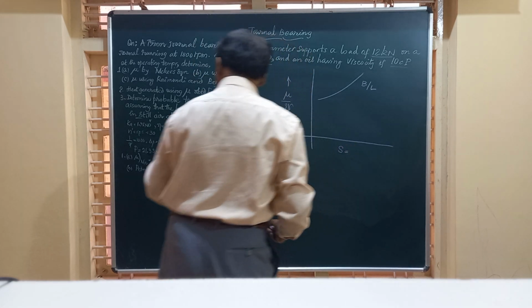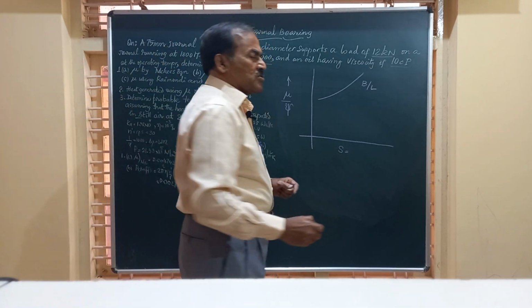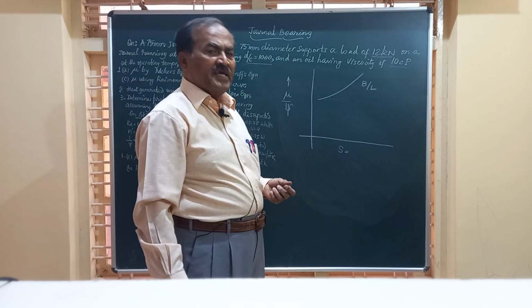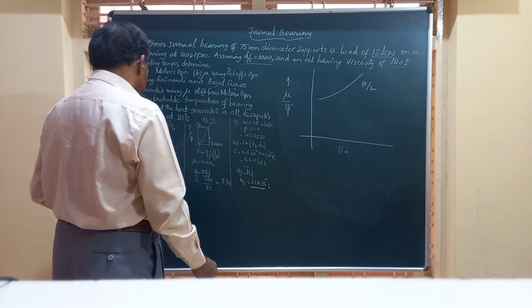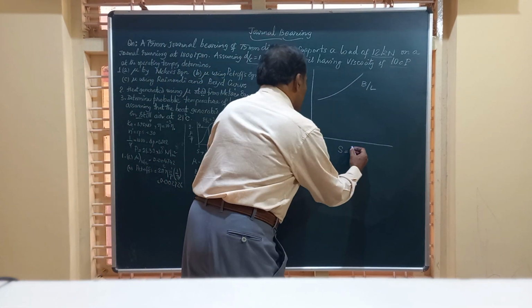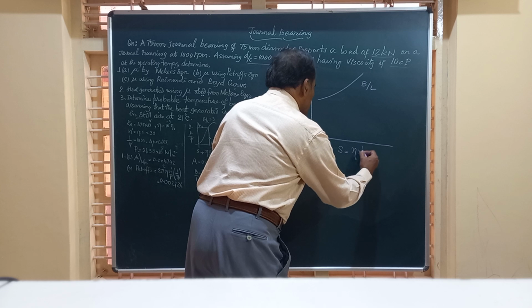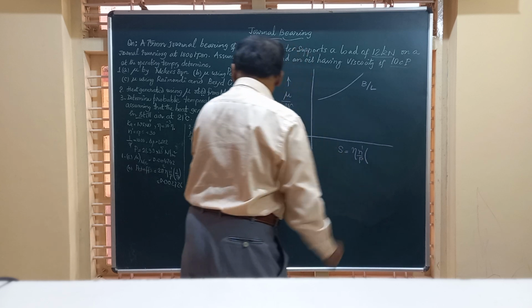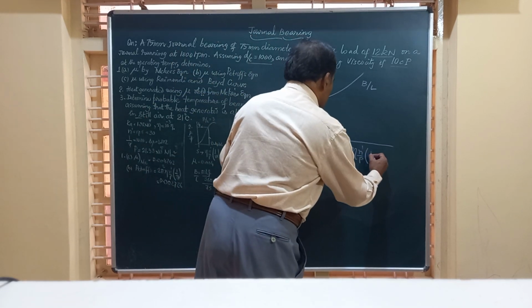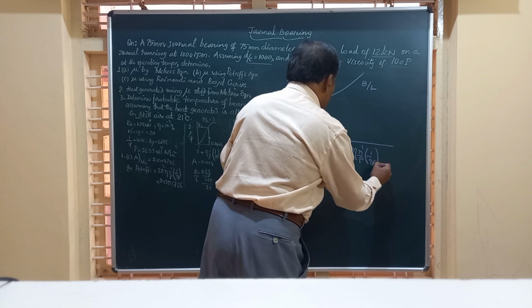On the y-axis is plotted mu by psi, and on the x-axis is plotted S. That S is called the Sommerfeld number or bearing characteristic number, and that is given by eta n dash by p, multiplied by 1 by psi. So what do we do, friends?